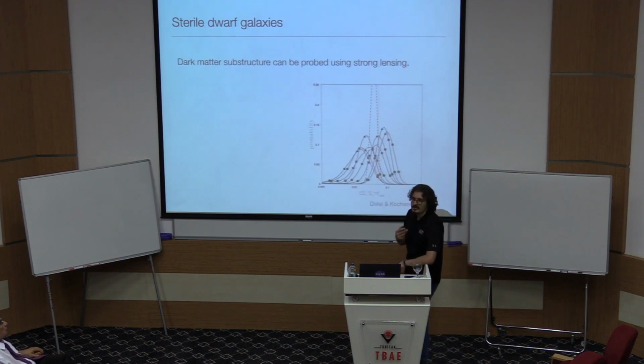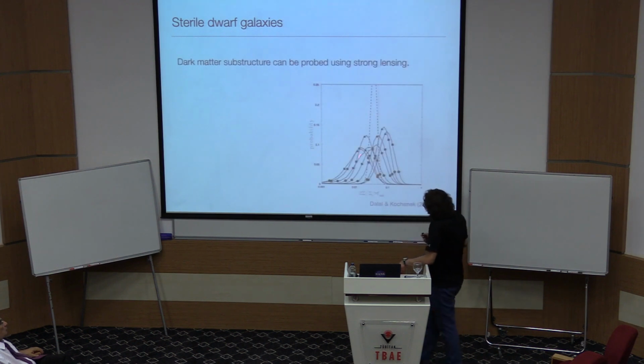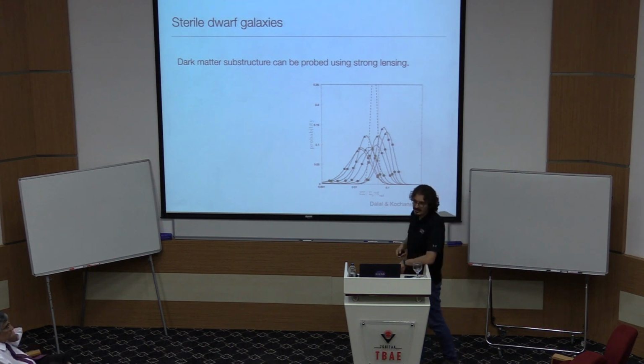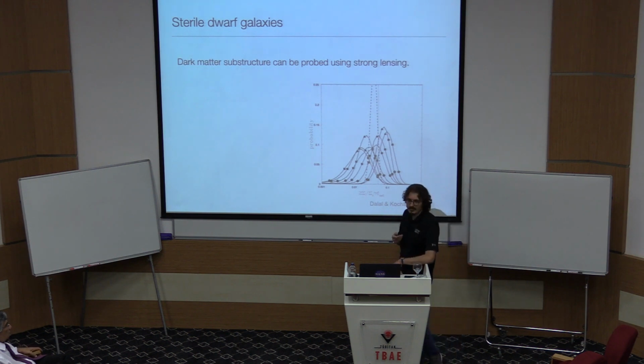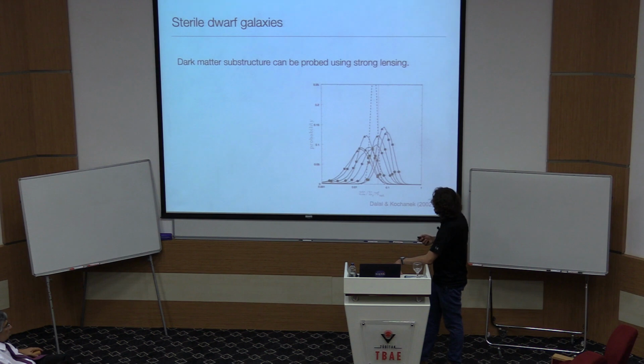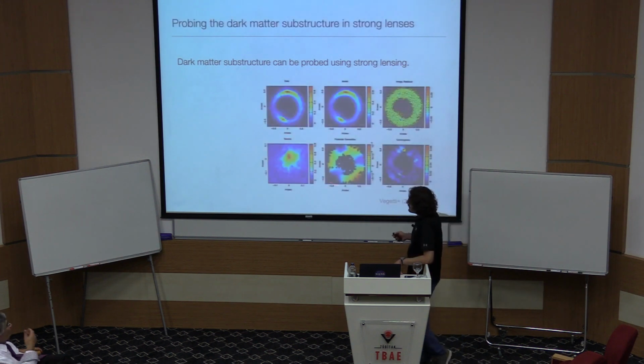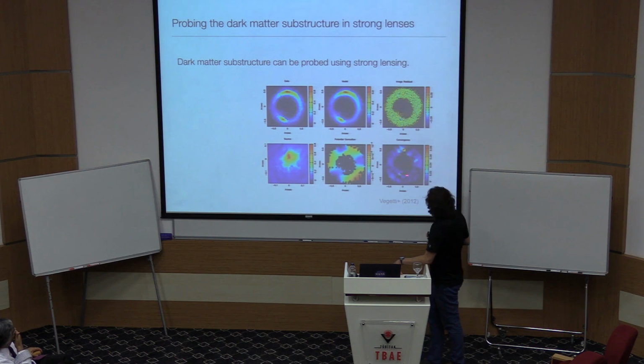Now, coming to actually constraining dark matter substructure, there have been many works on this, probably first by Dalal and Kochanek in 2002. People have been trying to constrain at least the mass fraction of substructure in such systems, and the ballpark number that people quote is about 1% for typical galactic halos, and this was one of the first results. This is more recent, 2012, from Vegetti et al.